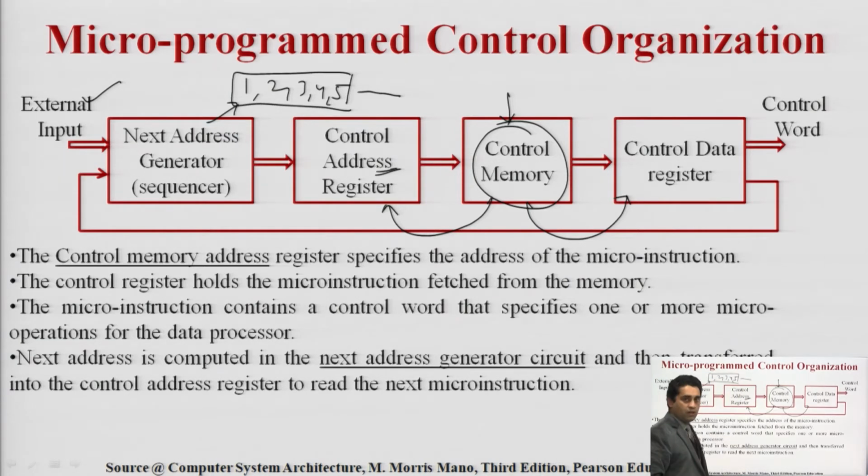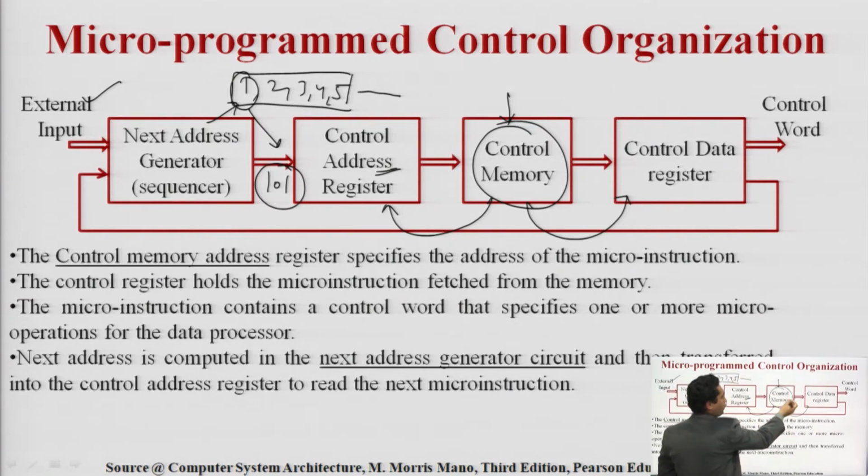So this control address register will carry the address where this micro instruction is written in the control memory. For example, it says okay, the address of control memory is 101. Now it is going to the control memory.